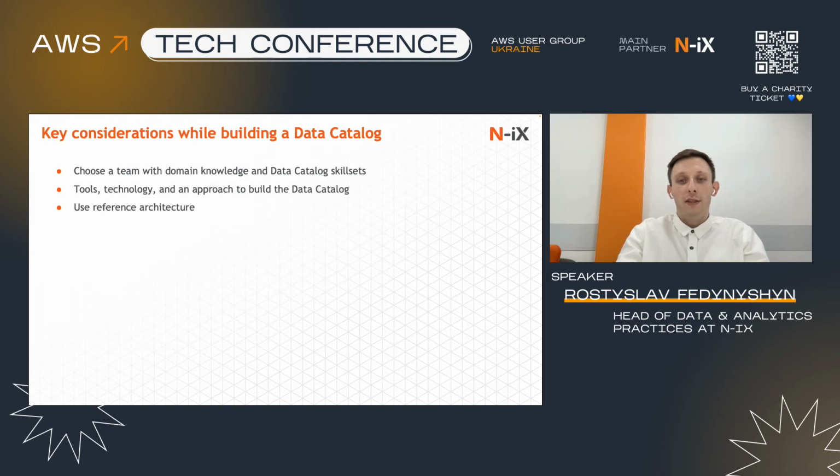There are various tools and approaches to build a data catalog. You can start with either a custom-built approach, where you choose your own tool set, or you can use third-party tools. Some of them we observed on AWS Marketplace some slides ago. Both have advantages and drawbacks.